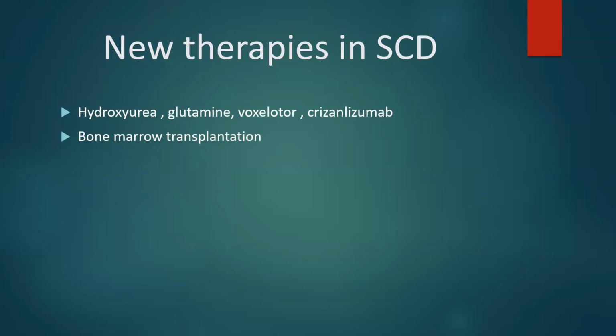Glutamine may also be used, and other medications may also be used, if hydroxyurea is contraindicated in the patient. One of the major ways of curing this particular disease is bone marrow transplant.